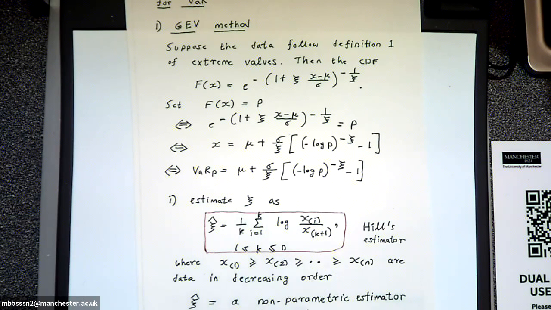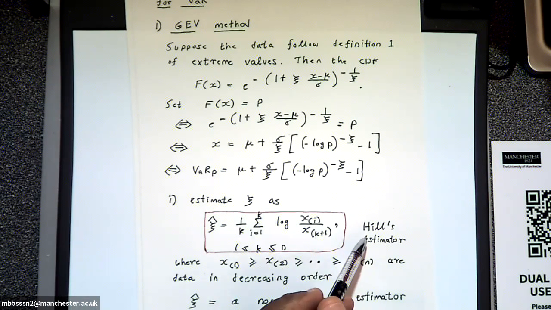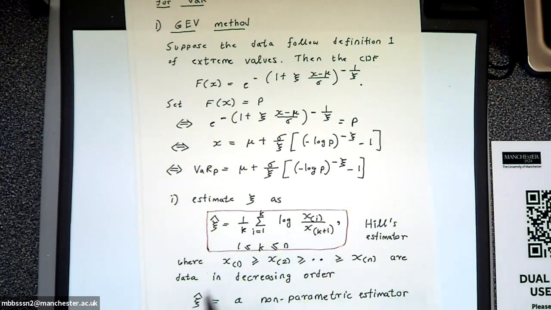It is a non-parametric estimator because it doesn't assume anything about the distribution of the data; it is based only on the data. In Hill's 1975 paper, it says that this estimator is non-parametric.